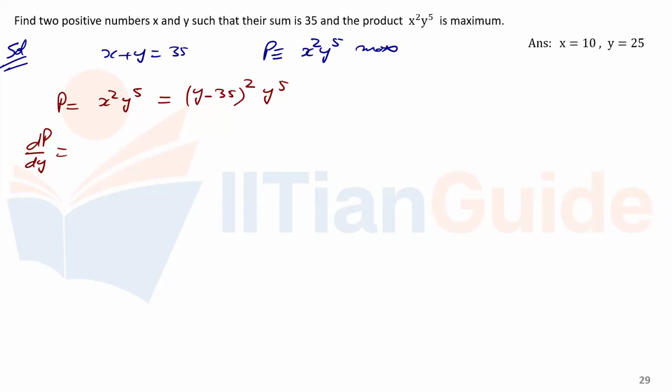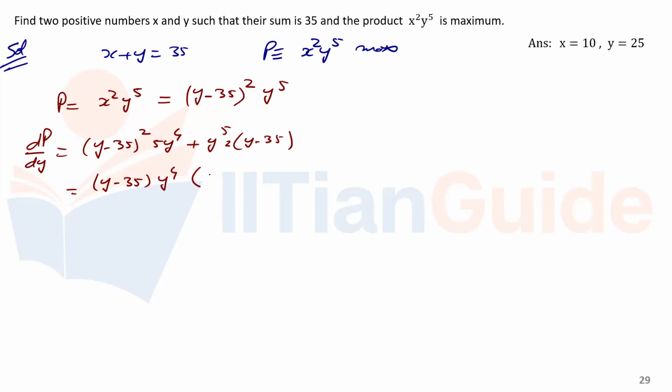Okay. dP by dy, I am using the product formula. I am writing (y minus 35) whole square, after that 5y power 4, after that I will write y power 5 times 2 times (y minus 35). Okay, I need to simplify it. I can take y power 4 common and y minus 35 common.